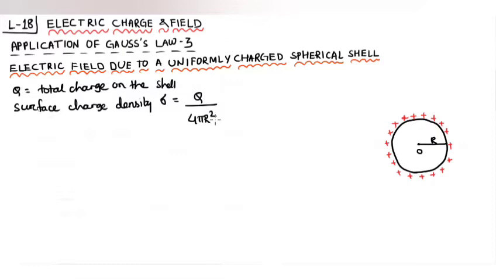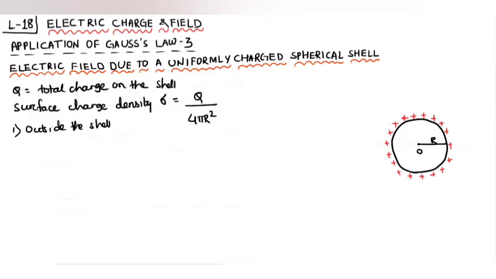Now we will find the electric field due to this charged shell at three different points. The first point is completely outside the shell. Completely outside the shell means I will choose a point somewhere here. The point P is outside the shell, and at this point I will find the electric field intensity.